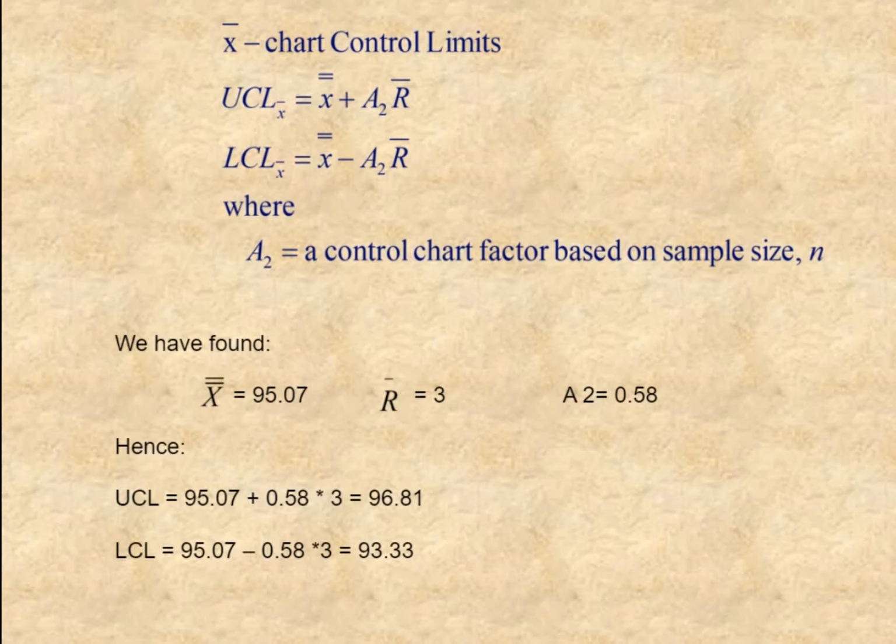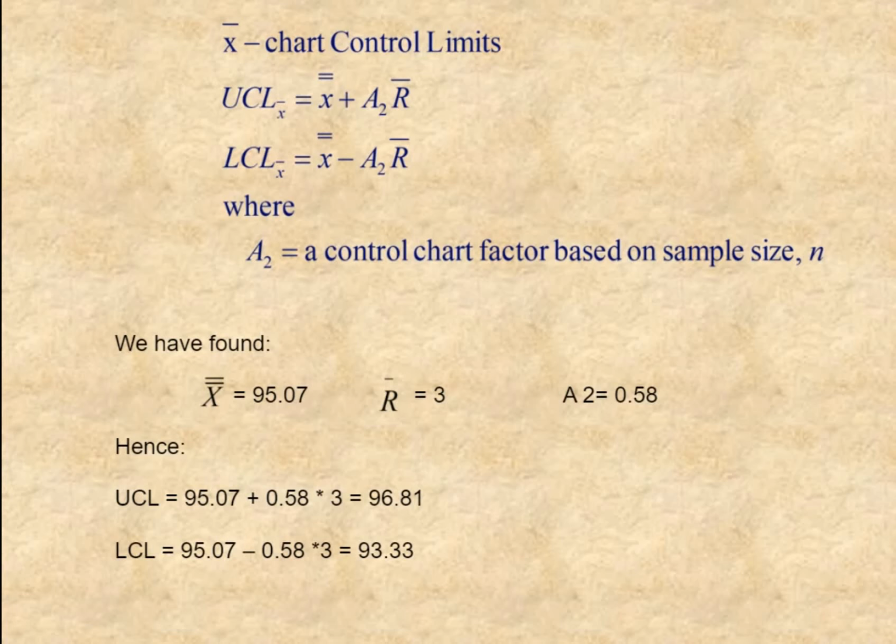We get UCL equals X bar, which is 95.7, plus A2, which is 0.58, times R bar, which is 3. So this equals 96.81.